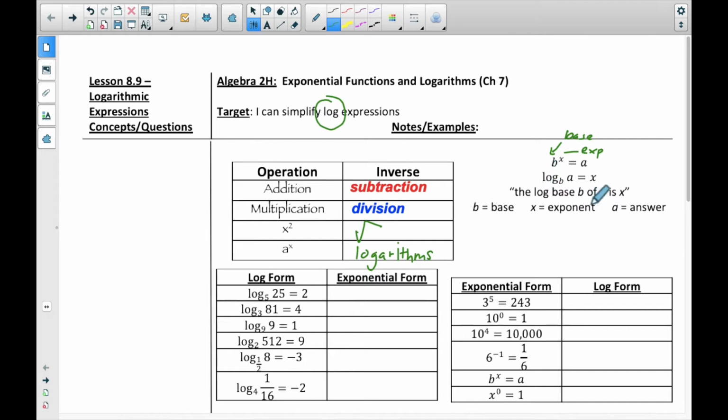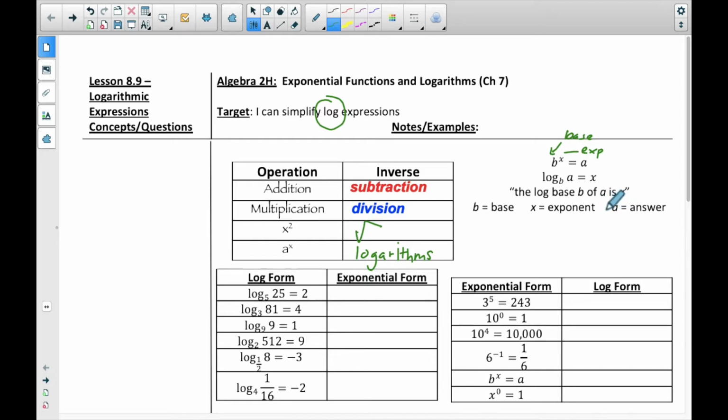Okay, that's how we say that in words: the log base b of a is x. That's how you say this sentence, where b is your base, x is your exponent, and a is like your answer. And so those letters are all here, but they're also here. They're just kind of mixed up in a different order.